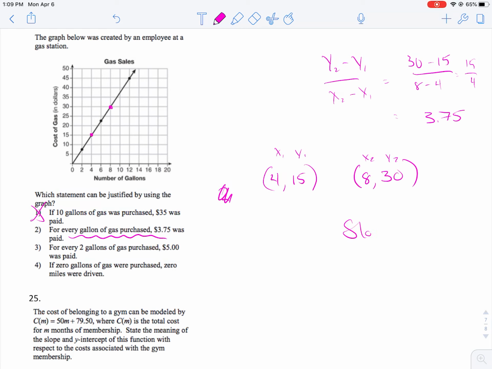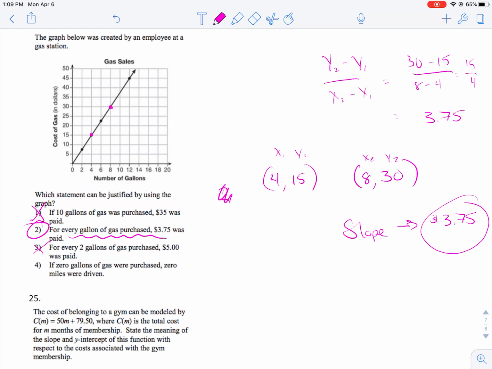Let's get 15 divided by 4, which I believe is 3.75. So that is our rate. Our slope is 3.75, which means for every gallon of gas, we're paying $3.75. And so this one has to be the correct answer.